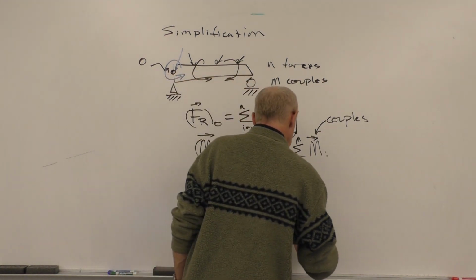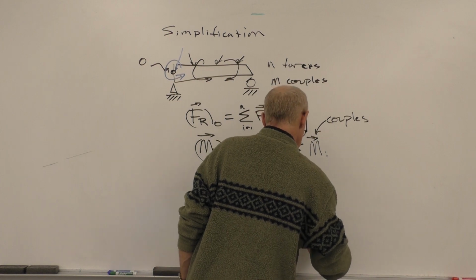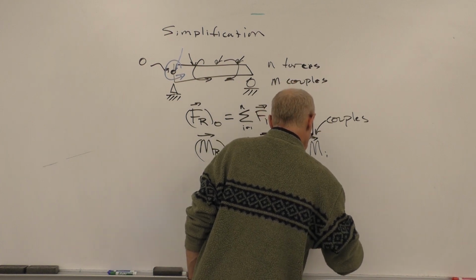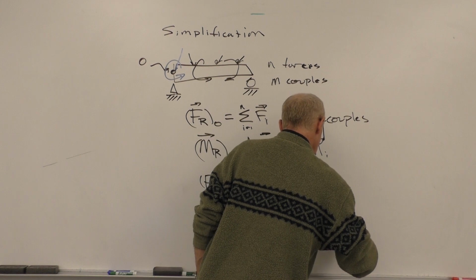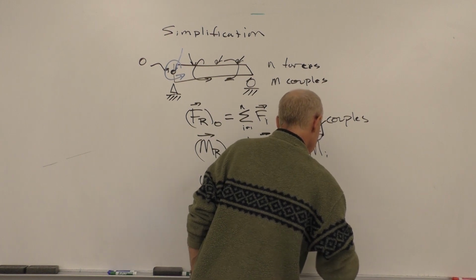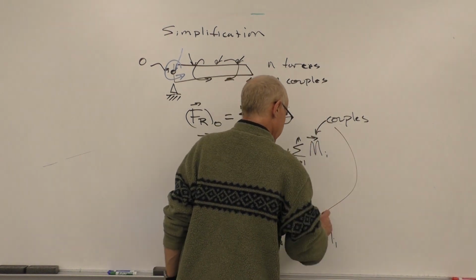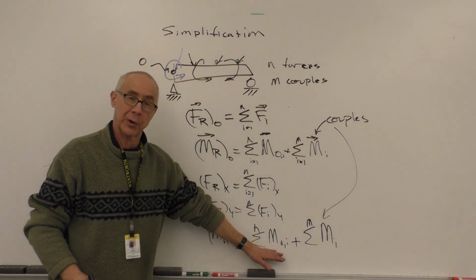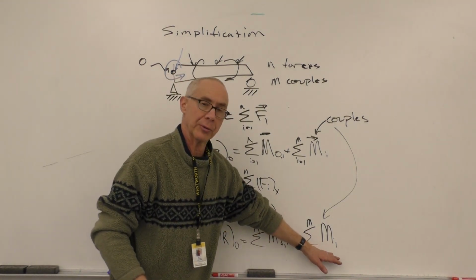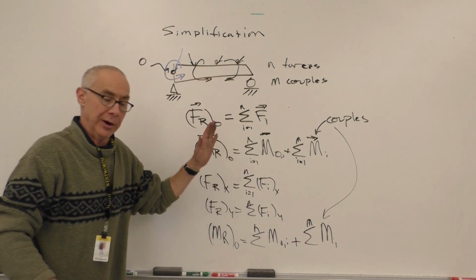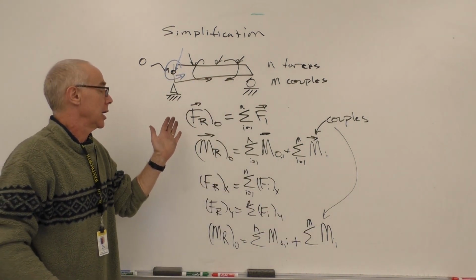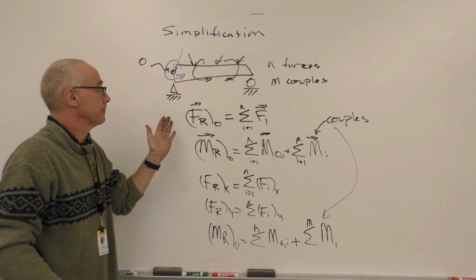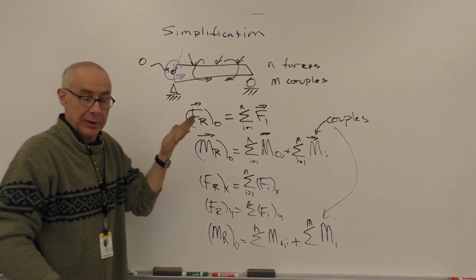And then I can add to that the summation over M for all of the couples. So again, these are the moments related to just the forces, and these are the moments related to couples. I'm going to erase the board. I'm going to show you a quick example, and that'll be it. All right, so I'm back.